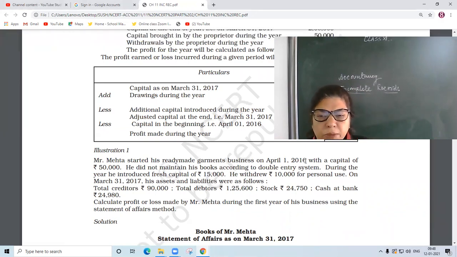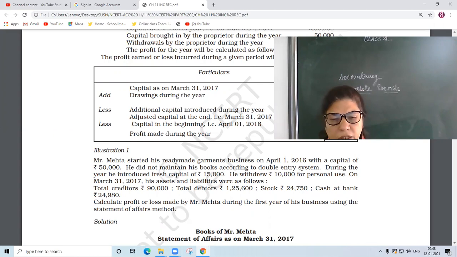See, on 1st April 2016, he is starting the business with 50,000 rupees. It means this is opening capital. Fresh capital introduced means additional capital during the year. He withdrew 10,000 rupees for personal use, meaning these are drawings. On 31st March, assets and liabilities are as follows.